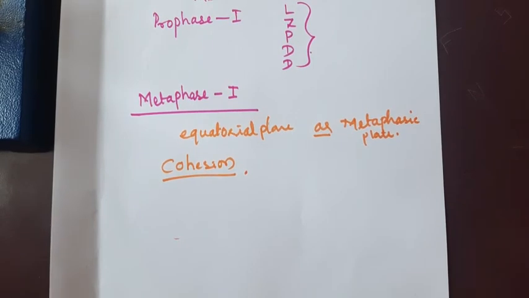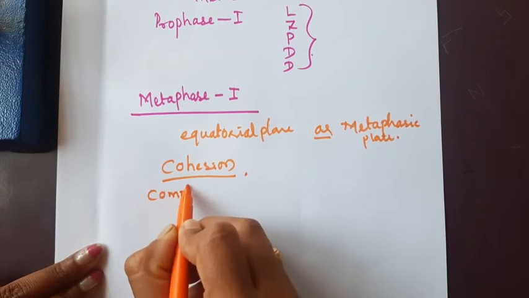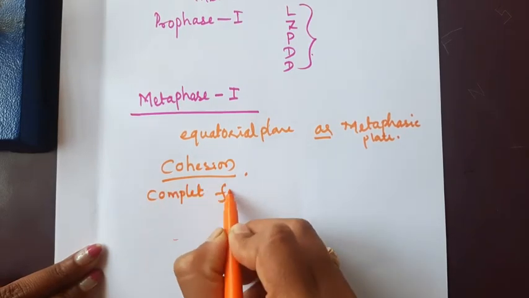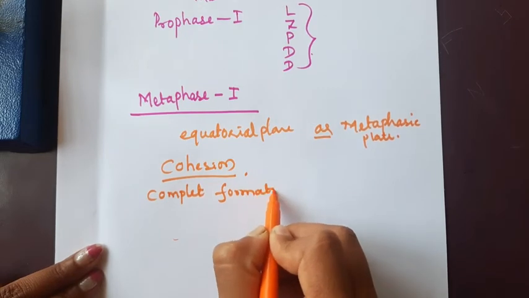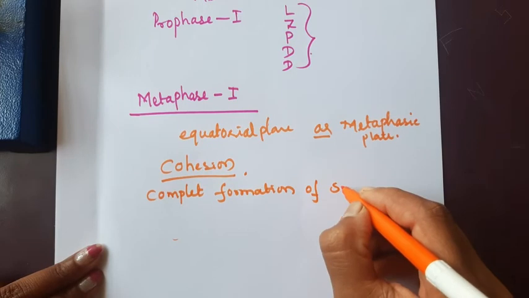In prophase 1 only, at the last step diakinesis, we can see the initial stage of development of spindle fibers. After that the complete formation of spindle fibers we can see in the case of metaphase 1.